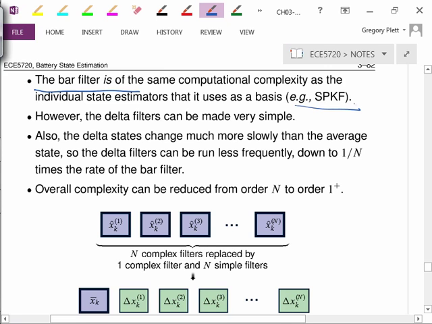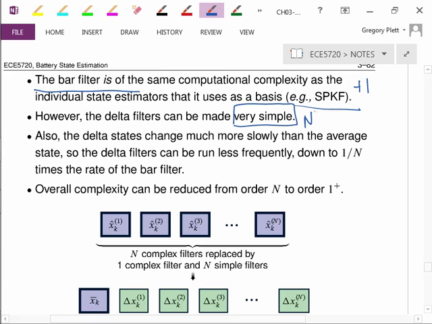So I've got one of those that is just as complicated as what we've seen before. However, the delta filters, there's so many of these delta filters, but it turns out they can be made very simple. So what looked like n plus 1 is not really n plus 1. This is the plus 1, but this is not really complexity n, n times what we've seen before. It's much, much simpler than that.